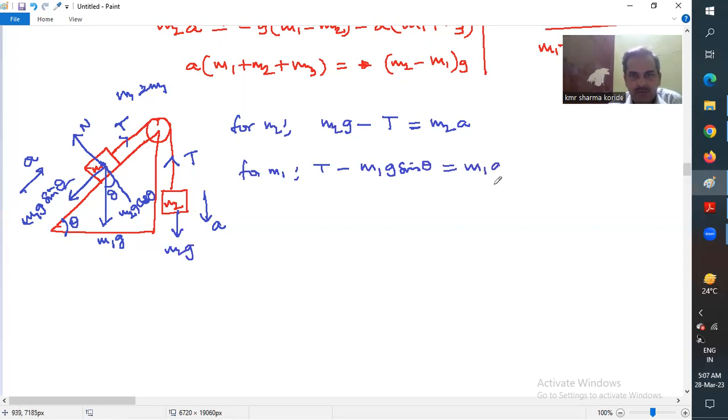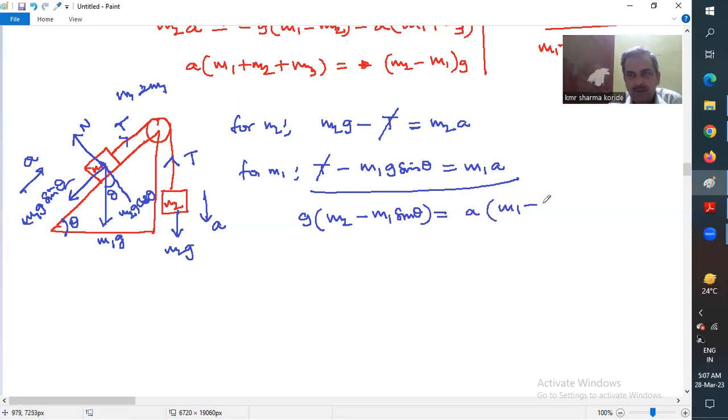If you solve these two equations, tension gets cancelled. Therefore, take G out common. So this is going to be G of M2 minus M1 sin theta is equal to acceleration, common out M1 plus M2.